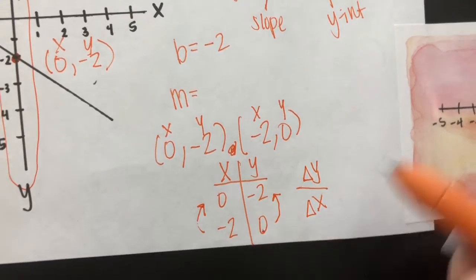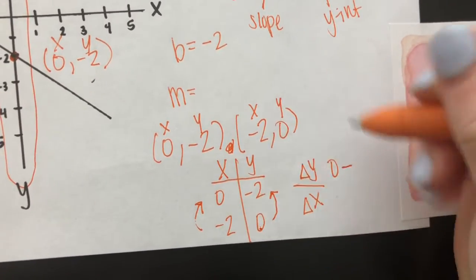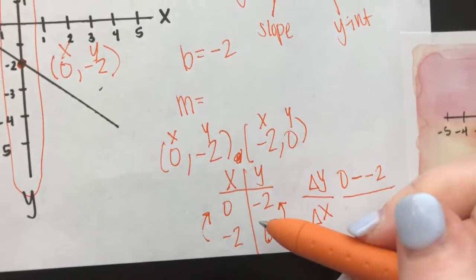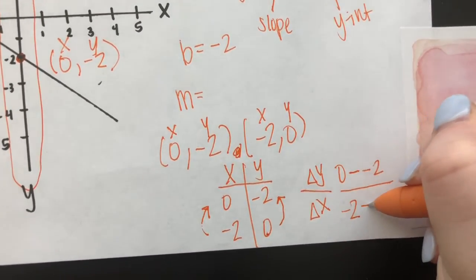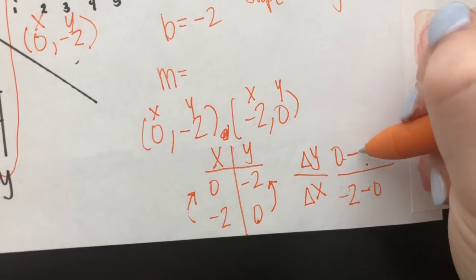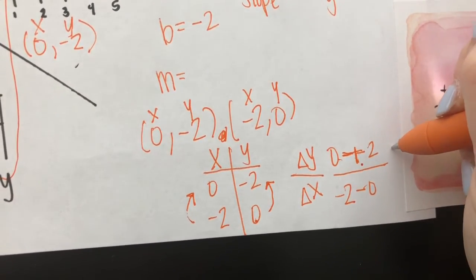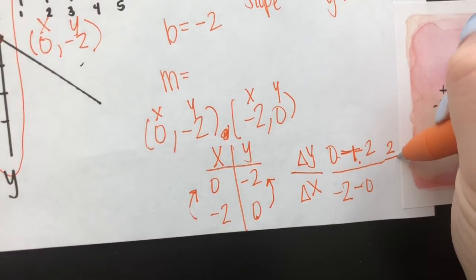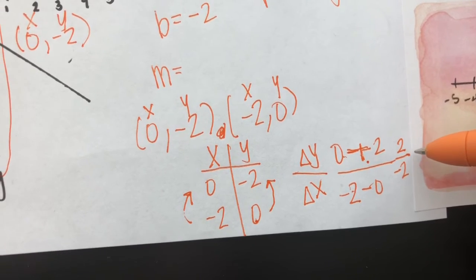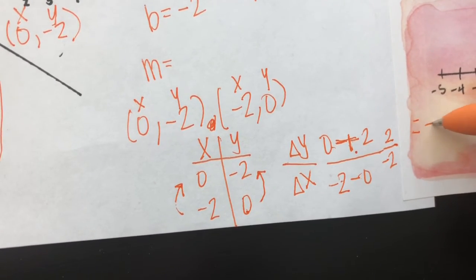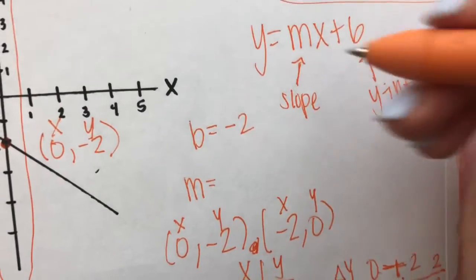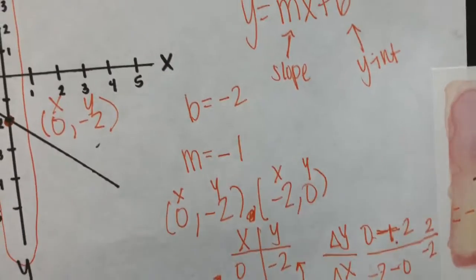So this is 0 minus -2 over -2 minus 0. Well, we just talked about when we have minus and negative right next to each other, this turns into a positive. So this becomes 2 over -2 minus 0 is -2. Well, 2 divided by -2 is going to give me -1. Okay, so now I've calculated my m is -1.